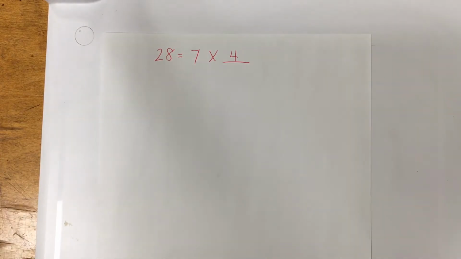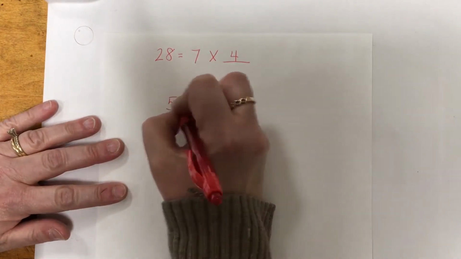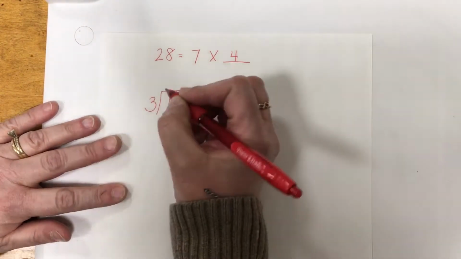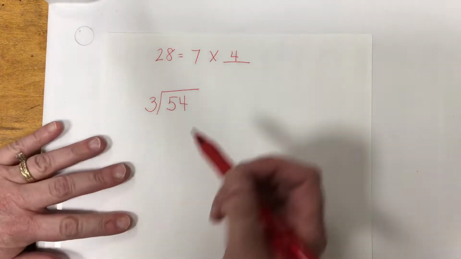So one strategy to use is to divide 54 by 3. If we get a remainder, then 3 is not going to be a factor. If we don't get a remainder, then we know 3 is a factor. So let's divide.